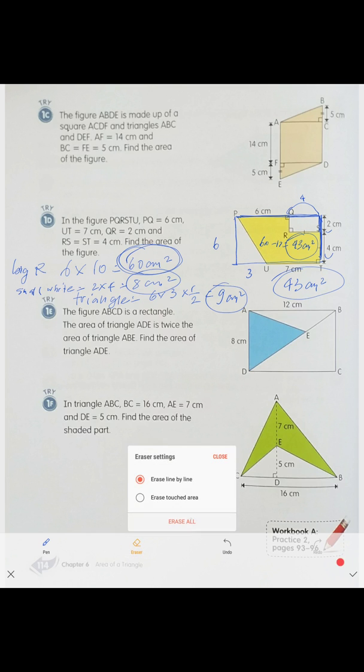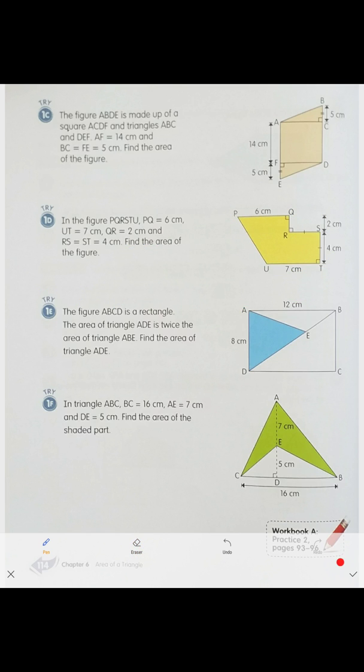Gonna erase everything. Okay, 1E, right? The figure ABCD is a rectangle. The area of triangle ADE is twice the area of triangle ABE.